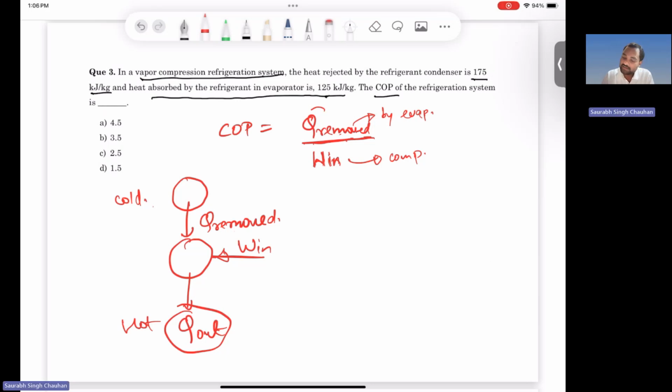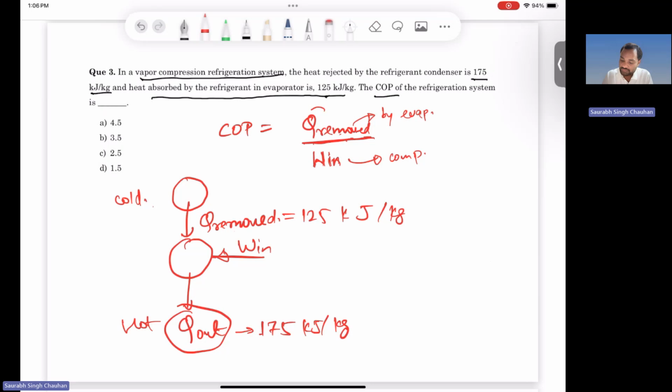So the heat rejected by the refrigerant in the condenser is 175. Okay, so this is 175 kilojoule per kg, and the heat absorbed by the refrigerant in the evaporator is 125 kilojoule per kg.